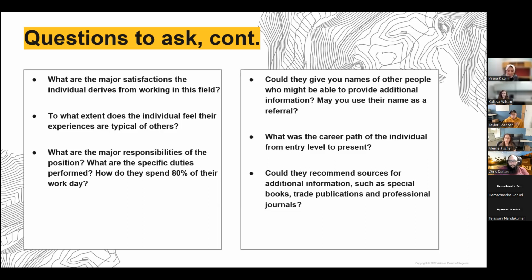And what was the career path of the individual from entry level to present? And could they recommend sources for additional information, such as special books, trade publications and professional journals? So all of these are questions that we can use for the information interview, to just have more information about this industry.